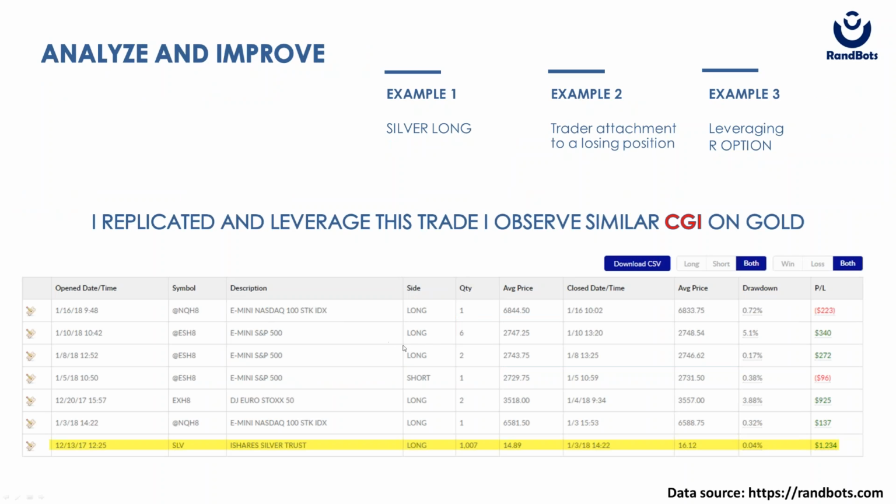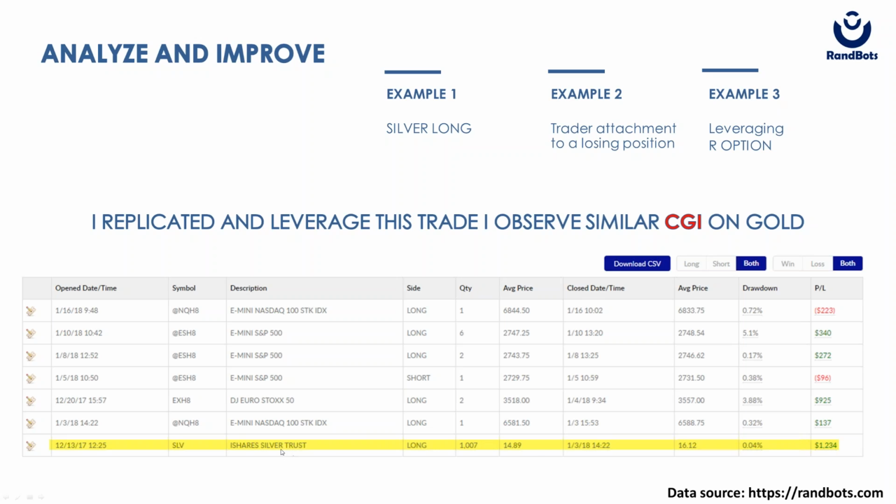This is a system that trades SLV. This was silver, that the system went long on silver. So I saw that the system traded the account and purchased silver long. And I was looking to add exposure to commodities.